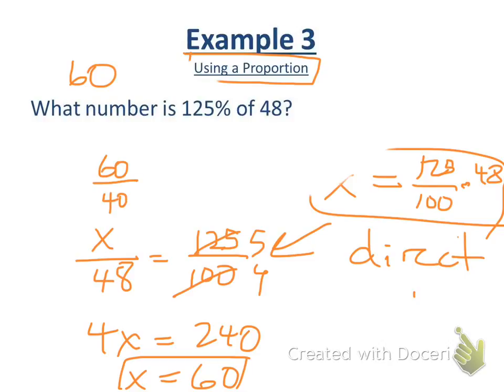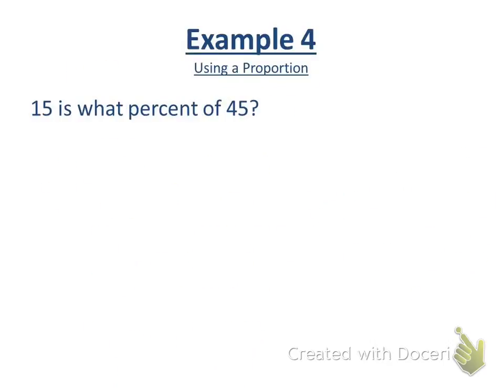Is 60 over 48 equal to 125 over 100? Do those both simplify to be 5 over 4? 12 goes into 60 5 times, 12 goes into 48 4 times, and this is 5 over 4. So 60 works. Make sure that your answer makes sense. Take a minute to think about it and make sure that there's good number sense involved.